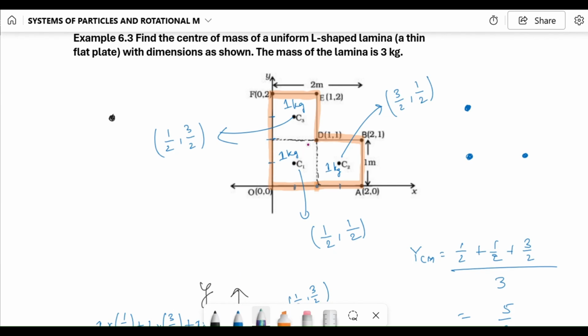So the center of mass will be here. And this location is 5 by 6, which is slightly less than 1, as we have 1 here and we have 1 here. So the coordinates for this location are 5 by 6 and 5 by 6. So this way we have found the center of mass for this particular problem.